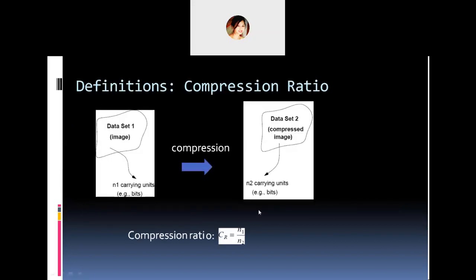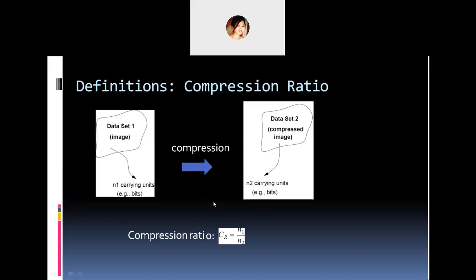Then compression ratio, you remember? What is compression ratio? You are given an original data set and a compressed data set, which is achieved by performing compression on the original data set. The original data set is denoted as small n1, and the compressed data set as small n2.